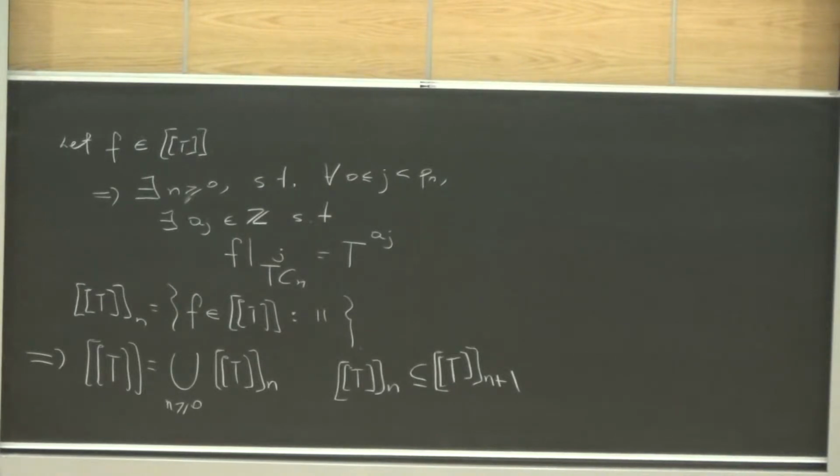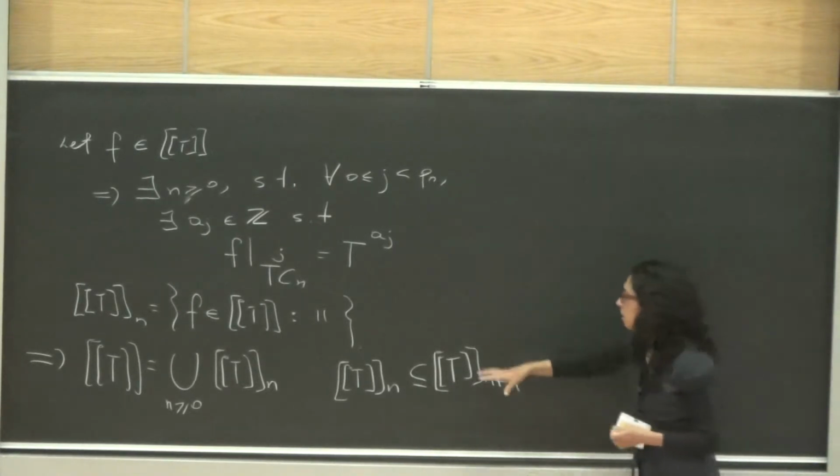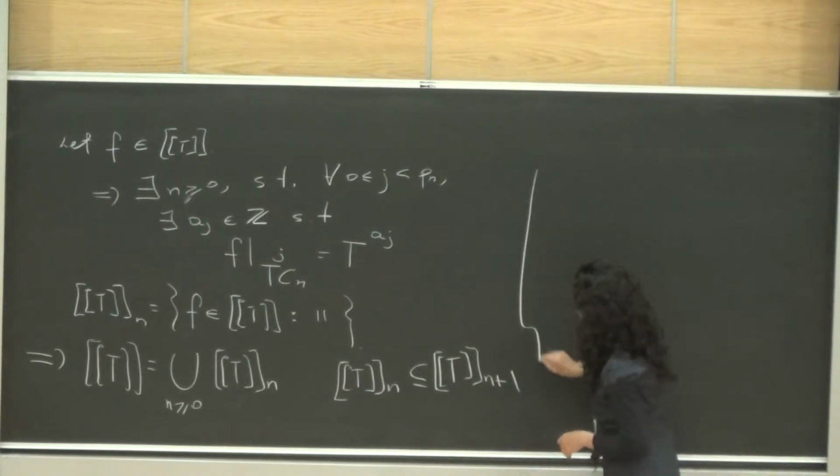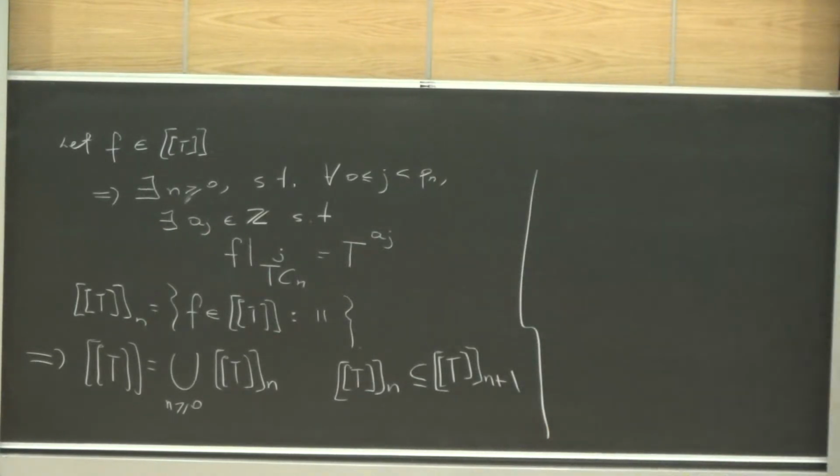So in the case of the odometer, this is a subgroup. And we can describe this. And for that, we need to see what happens with the tower when we apply an element of the topological full group.